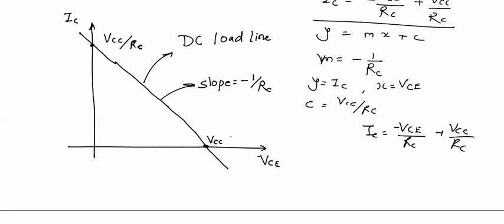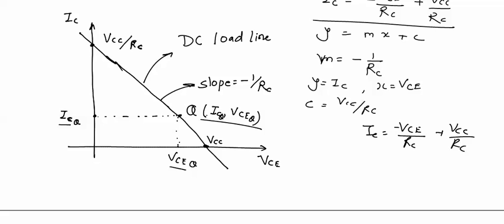Now in this transistor circuit, if we select any particular value of IC, this is IC, then corresponding value of VC can be obtained by plotting this load line. This value of IC is called ICQ, and this corresponding value of VC is called VCQ, and this point is called Q point, whose coordinates are ICQ, VCEQ.